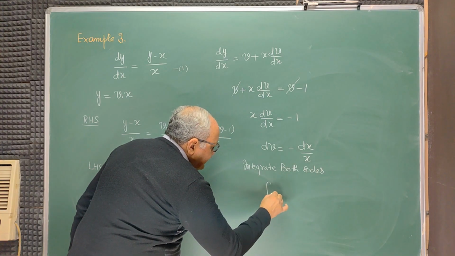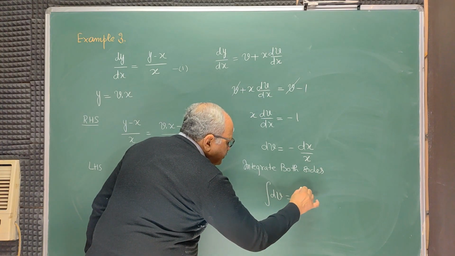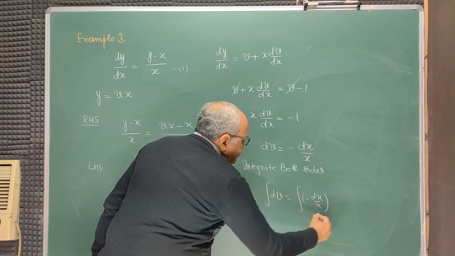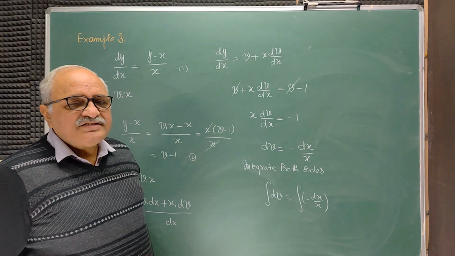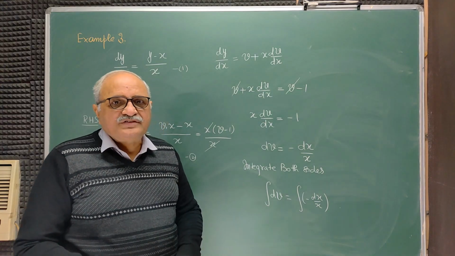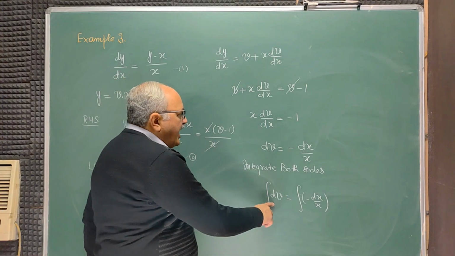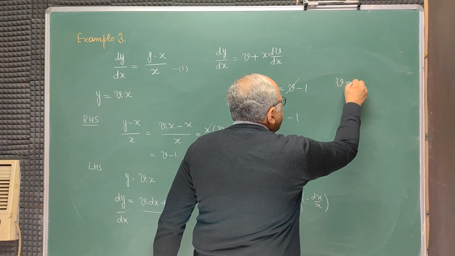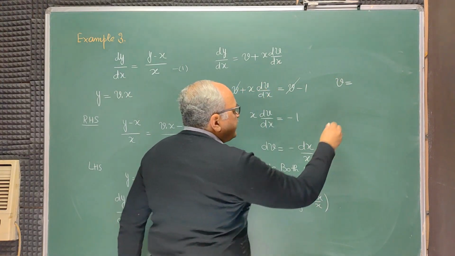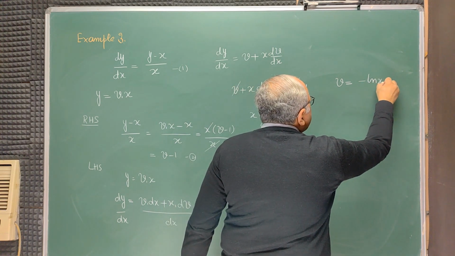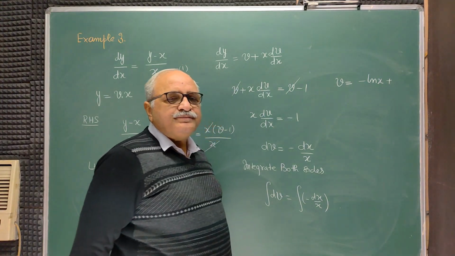If I do that, integral of dv equals integral of minus dx by x. In this particular case, the initial conditions are not given to us, so we have to use a constant of integration. This integration will give me v, and this will give me minus log of x plus a constant.